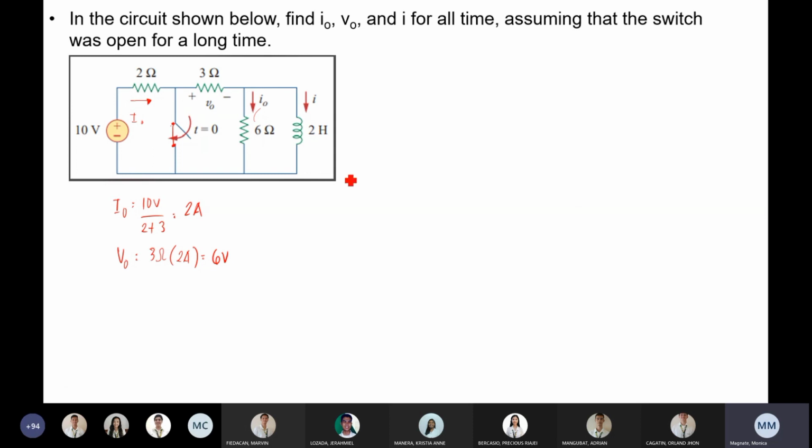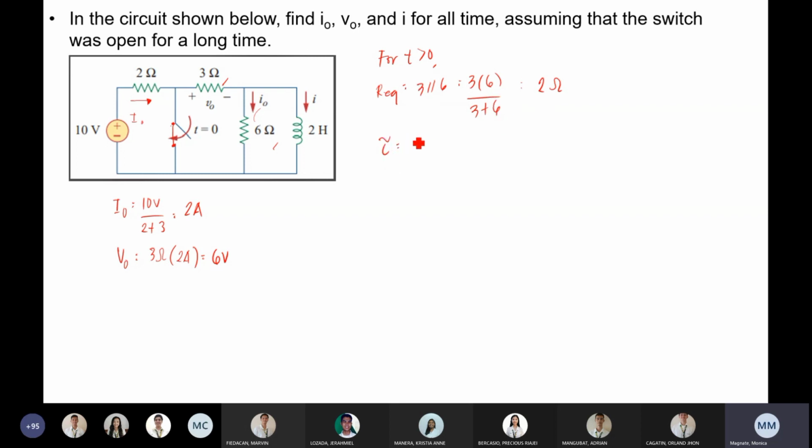So, i-consider natin ngayon na mga resistance itong 3 ohm tsaka 6 ohm na nakaparallel, 'di ba? Kung wire ito, so yung 3 ohm natin nakaparallel lang kay 6 ohm. So, for T greater than 0, yung 10 volts natin is naka-short na. So, yung R equivalent natin equal lang sa 3 nakaparallel kay 6 or 3 times 6 over 3 plus 6, equal sa 2 ohm. Tama? 18 over 9 no? 2 ohms.